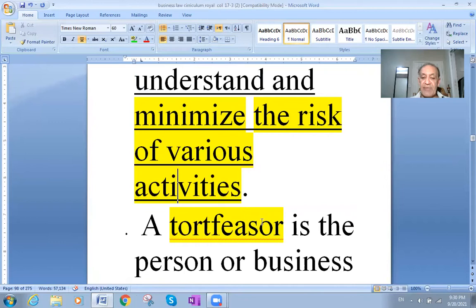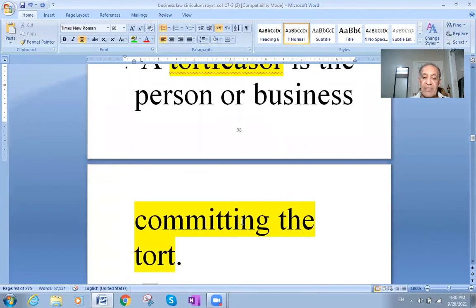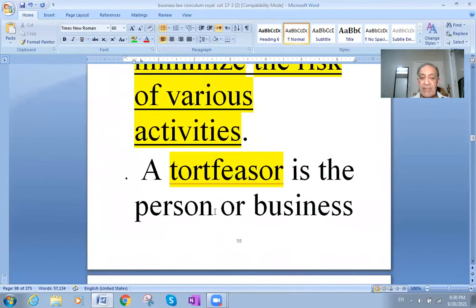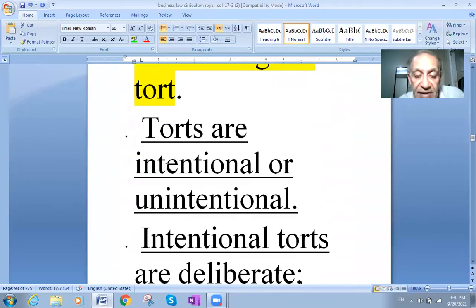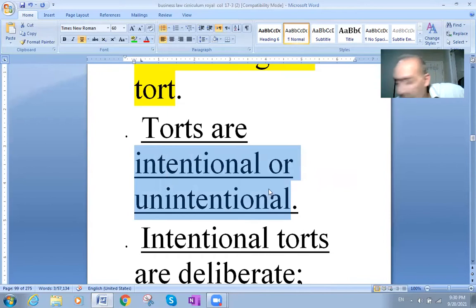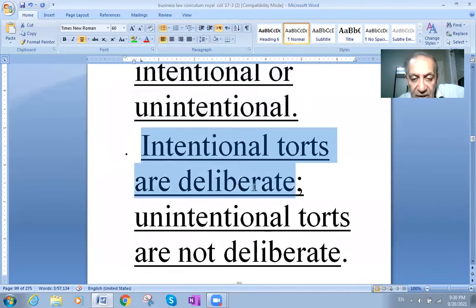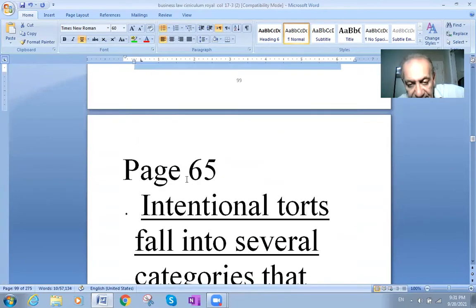A tortfeasor is the person or business committing the tort. Torts are intentional and unintentional, like we said before. Intentional torts are deliberate, and unintentional torts are not deliberate.